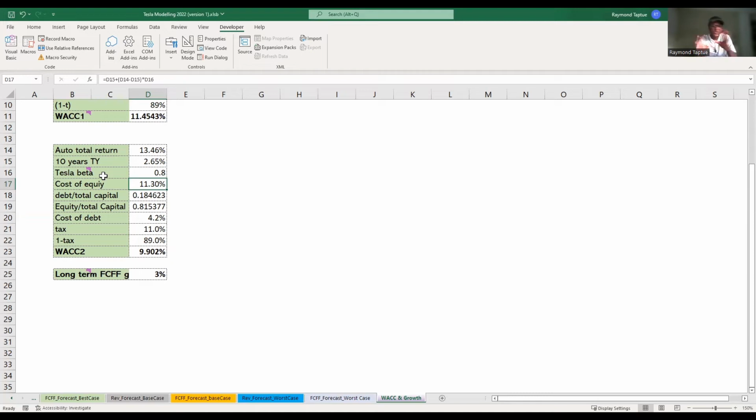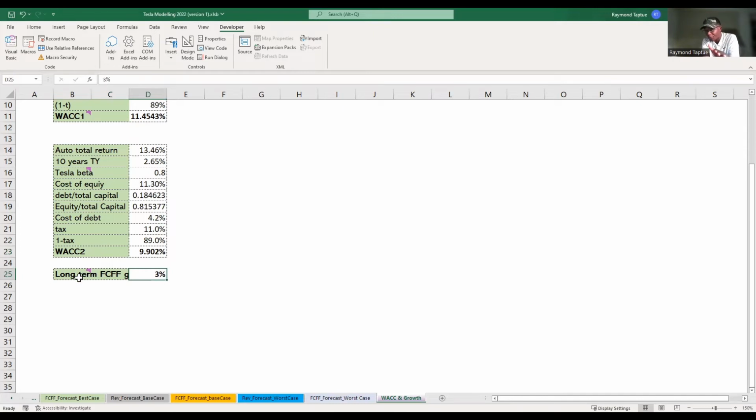So let's suppose that Tesla is going to be about 0.8. Using that, we derive the cost of equity, which is about 11.30%. Now, using the same weights of debt and equity in the capital structure, I forecast the cost of debt to be about 4.2%, right? The tax rate is obviously going to be the same. It means that we have the weighted average cost of capital for the second period to be about 9.92%.